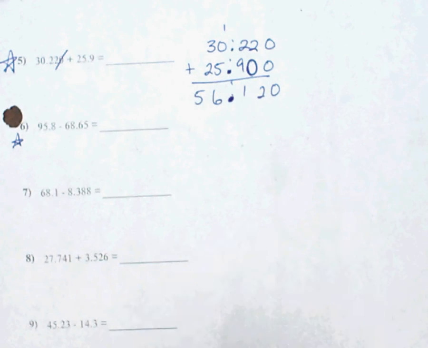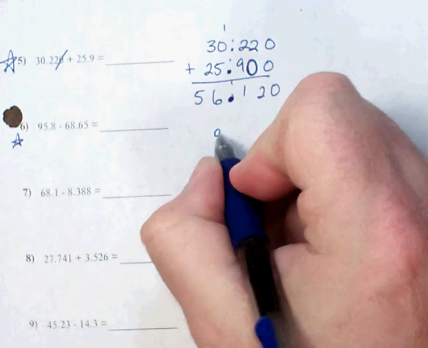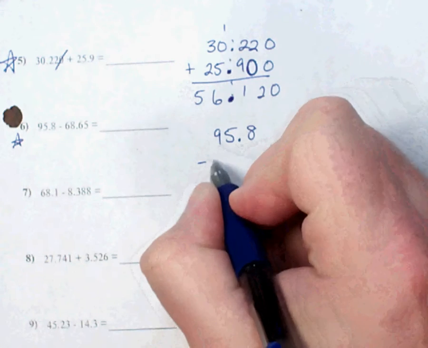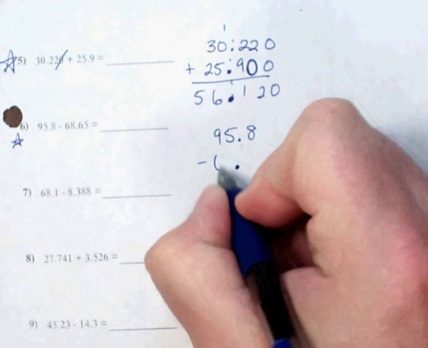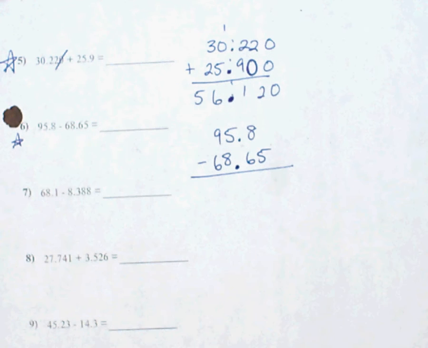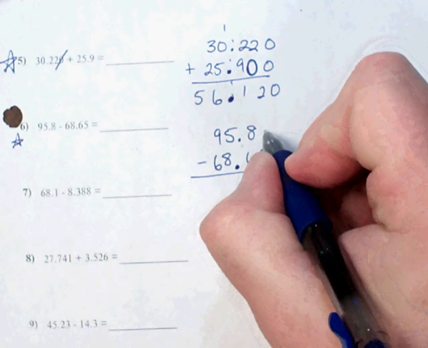So number 6, we've got 95 and 8/10 minus 68 and 65 hundredths. So I've got to line my decimals up. Now this is where being in the habit of writing those extra zeros is really going to help out, because I need to remember there's a 0 here.